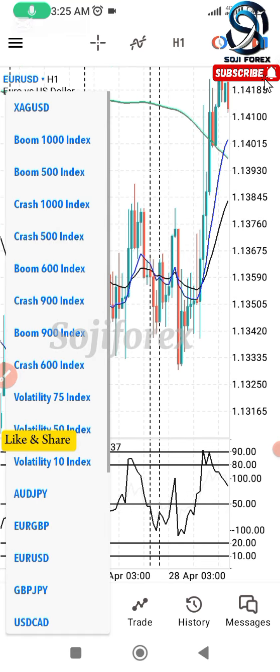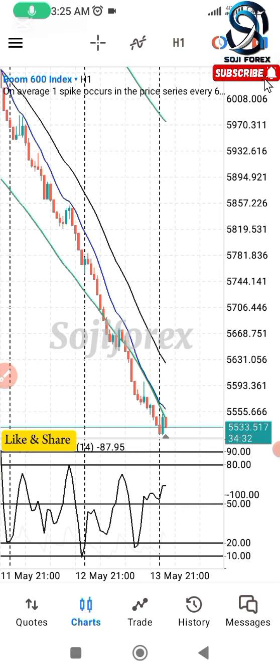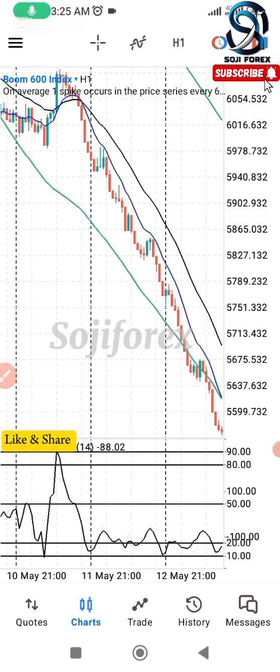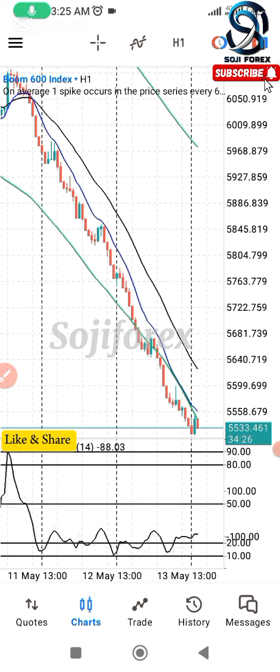Let me show you a scenario. I think it should be on Boom 600, right? Good. Now can you look at this? This is Boom 600. So if you were to be doing overbought and oversold zones, look at here, you would have said this is an overbought zone.